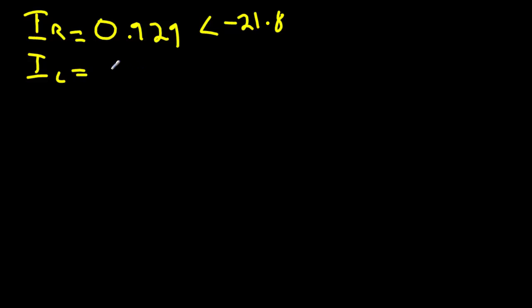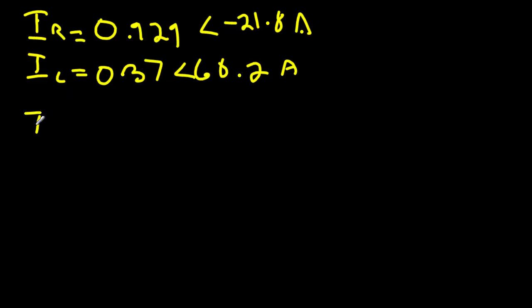I_C is equal to 0.37 at an angle of 68.2. Both of these values are in amps. So if we want to find I_C, this is the polar form, and we want to find rectangular. We find rectangular by doing the sine and cosine values. So the magnitude times the cosine of the angle for the real term, and the magnitude times j sine of the angle for the imaginary term. So let's do that.